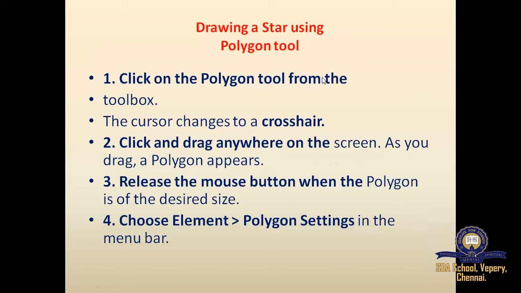Click on the polygon tool from the toolbox. The cursor changes to a crosshair. Click and drag anywhere on the screen. Release the mouse button. Then choose the element menu and choose polygon settings.